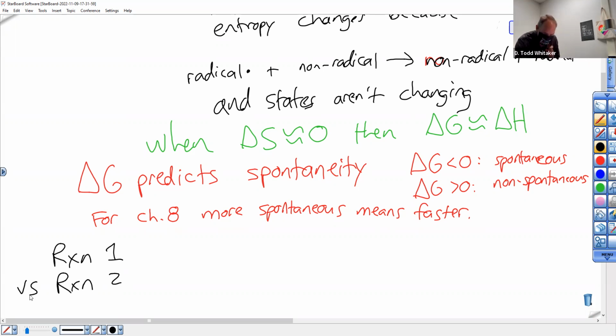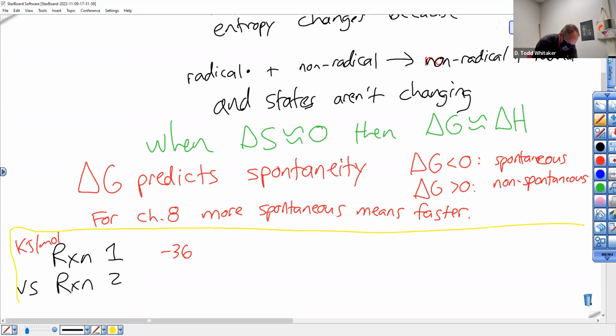And let's say we have negative 36. Let's just say all of these are kilojoules per mole. And we're doing an example here. So I have negative 36 versus negative 22.